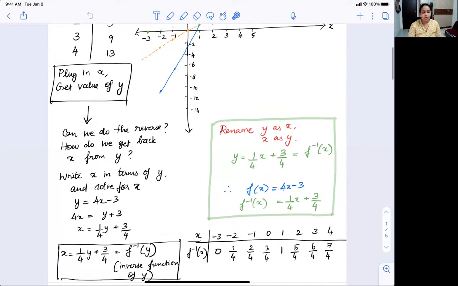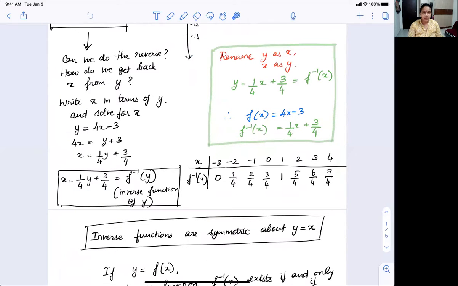Now, when we talk about inverse functions in general, we are working with functions of the form y is equal to f of x. So if we want to find the inverse of f of x, we follow these same steps, and we just have to do a couple more things. We have to flip the letters x and y.